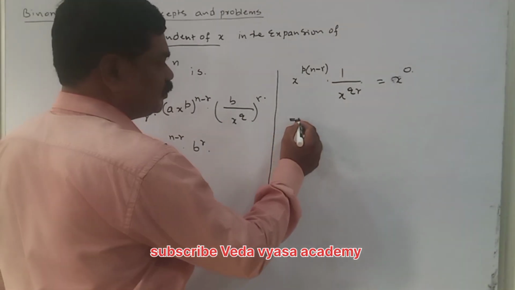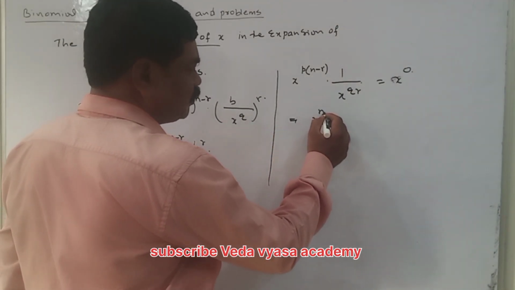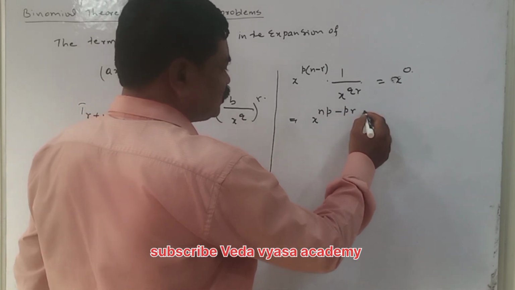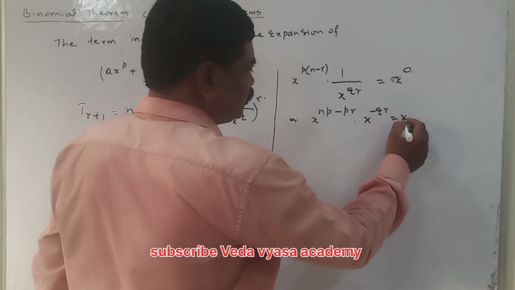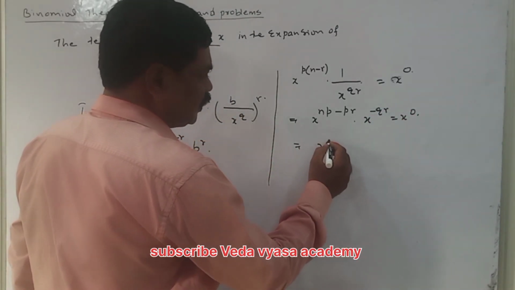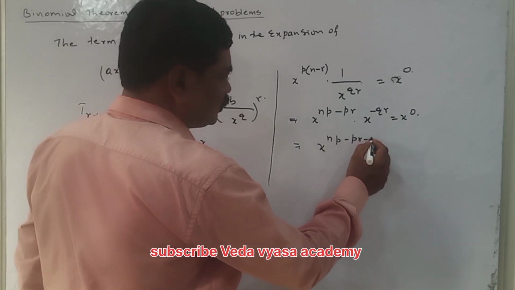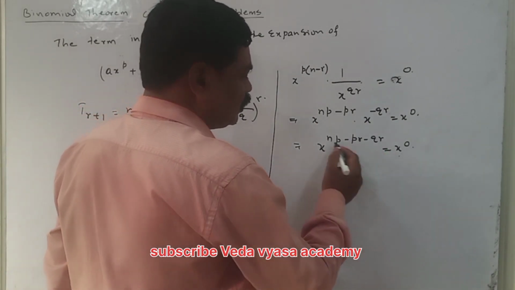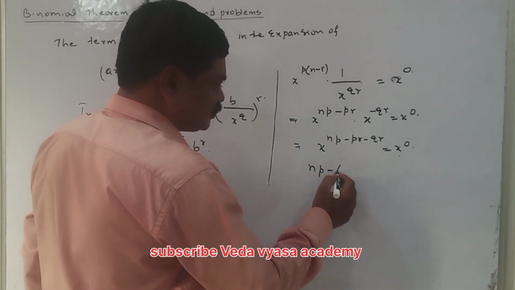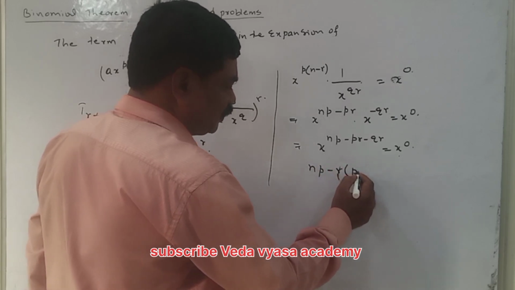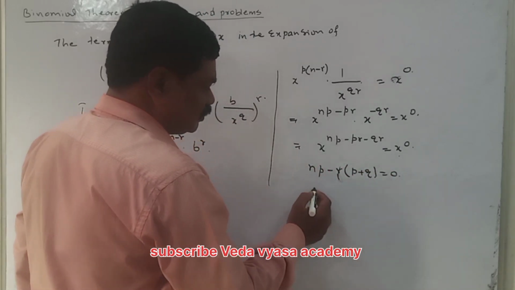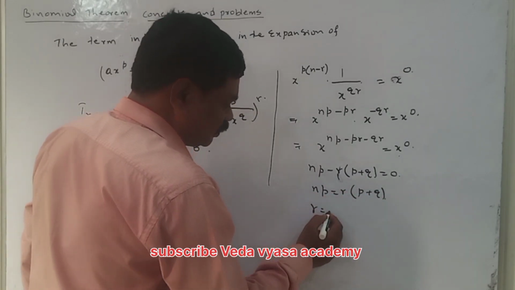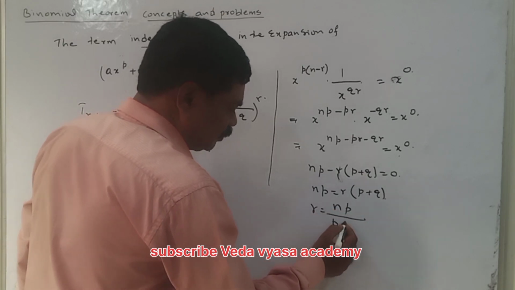So this can be written as x^(np−pr) into x^(−qr) is equal to x^0, that is x^(np−pr−qr) is equal to x^0. So bases are equal, equate powers: np minus r(p plus q) equal to 0, then np is equal to r(p plus q), r is equal to np by (p plus q).